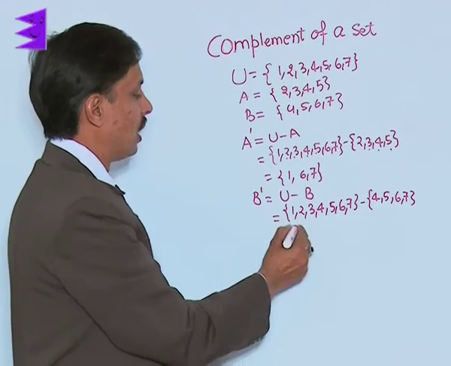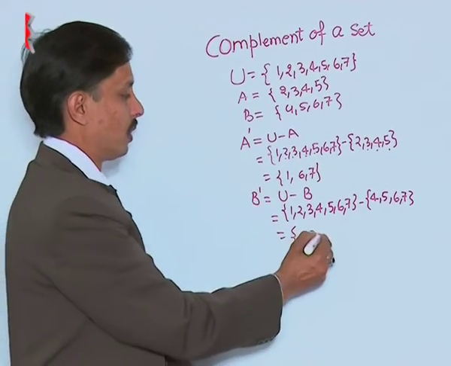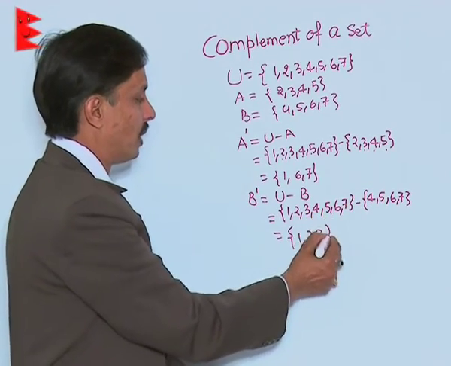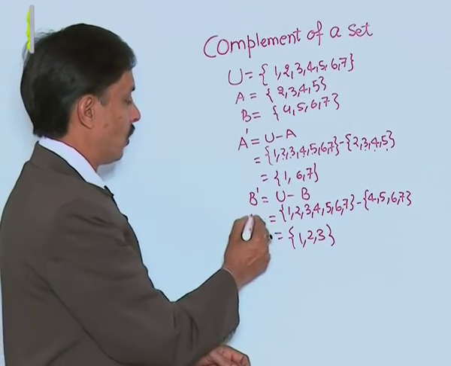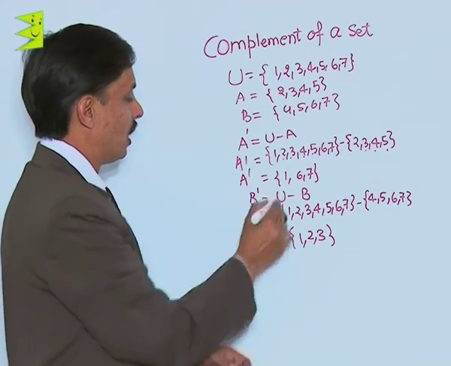So now the result is that 4, 5, 6, 7 will not be part of this. So what is the answer for the complement of set B?